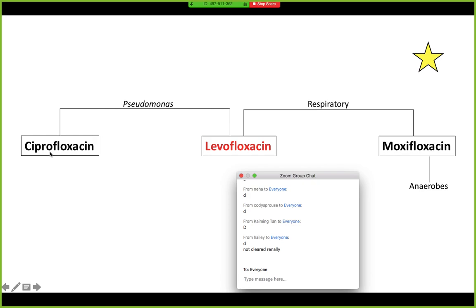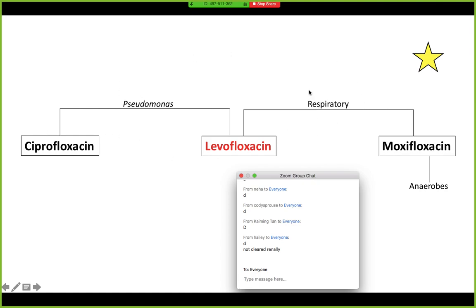So levofloxacin and moxifloxacin are both considered respiratory fluoroquinolones. And then levofloxacin and ciprofloxacin cover Pseudomonas. So she talked about it in lecture. A lot of hospital formularies will just have levofloxacin because you're getting both respiratory and pseudomonal coverage here.